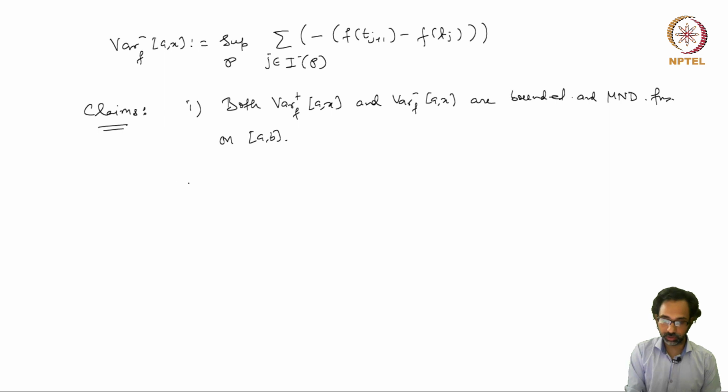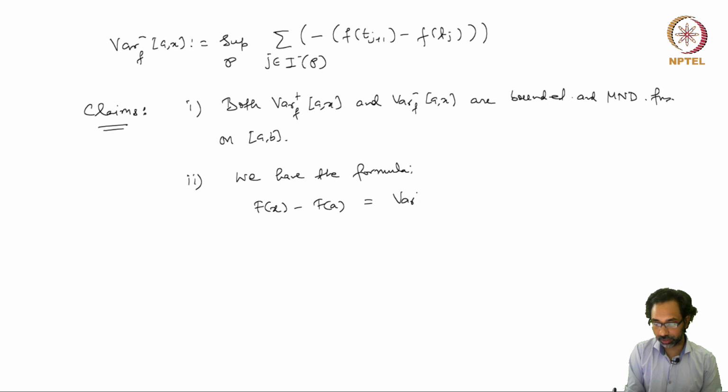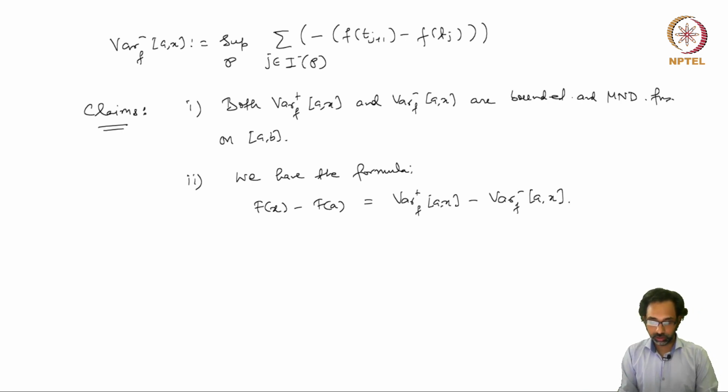And the second claim is that we have the formula f(x) minus f(a) is equal to Var plus f on [a,x] minus Var minus f on [a,x]. So here, this is small f.